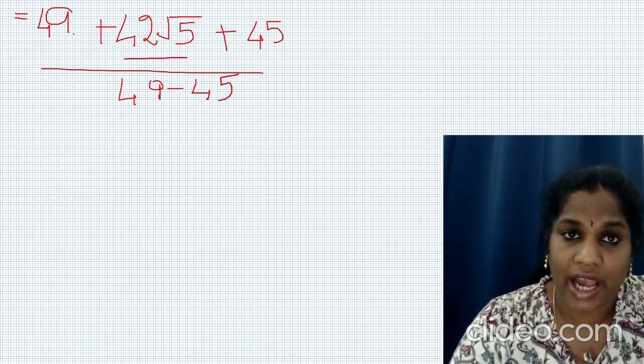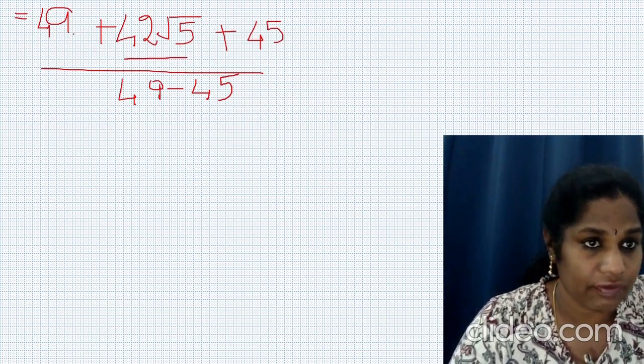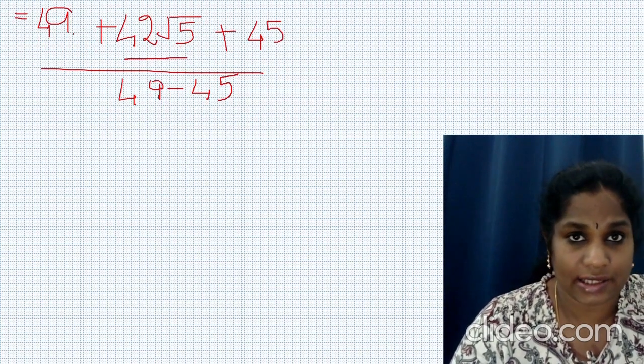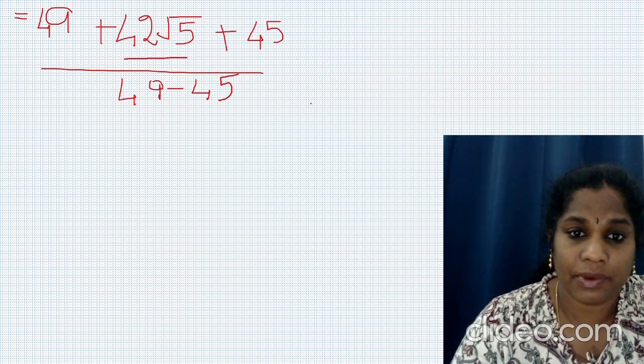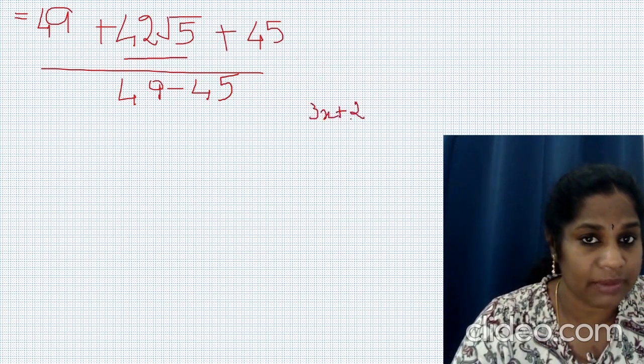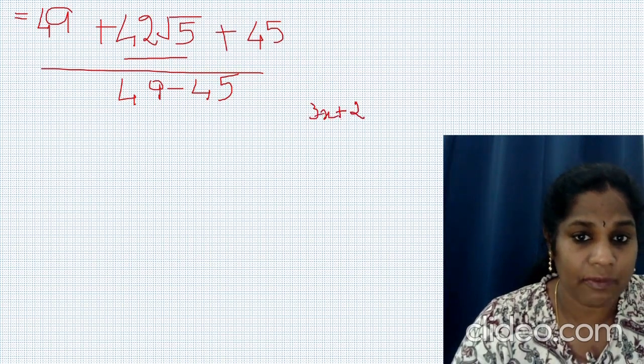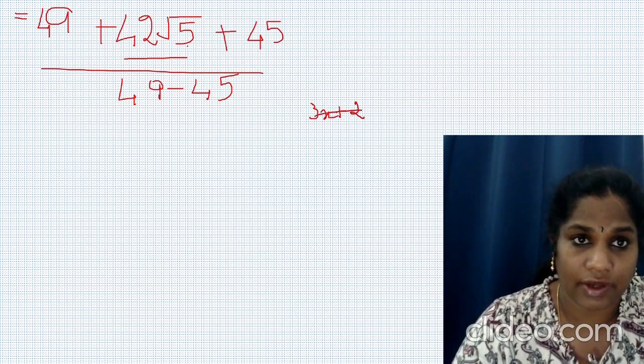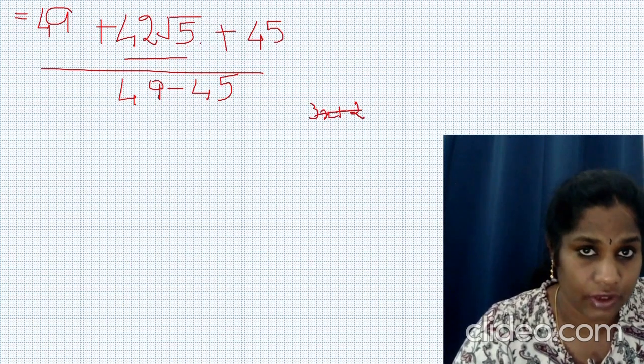So I cannot add it with 49 or 45. Only 45 and 49 are like terms. You remember in previous classes you used to do 3x plus 2. You cannot add both of them, right? The same funda goes here. You cannot include the root 5 in the sum of 49 and 45.